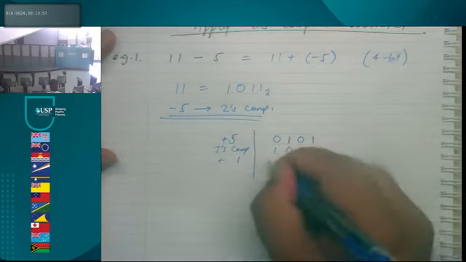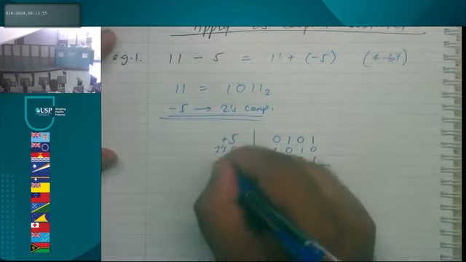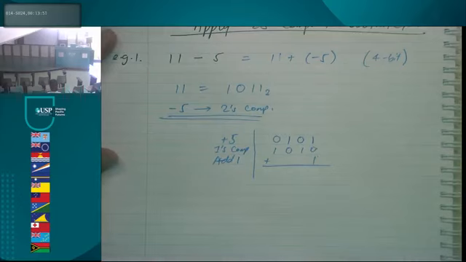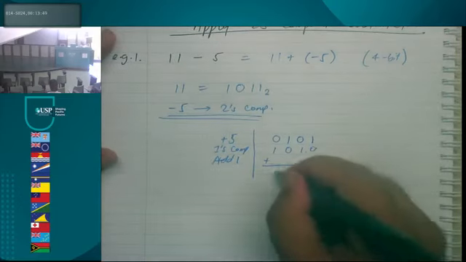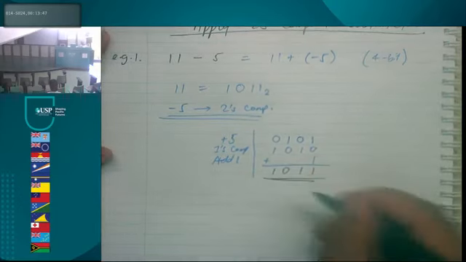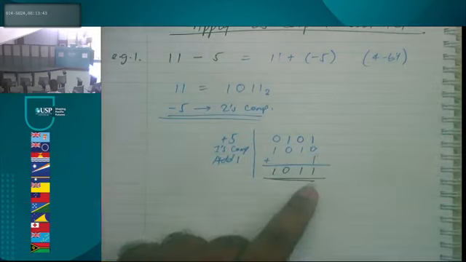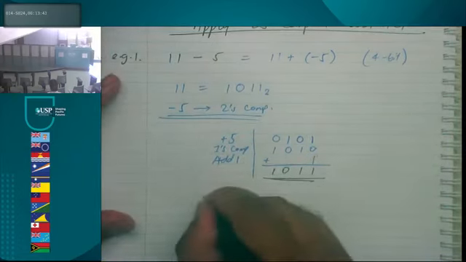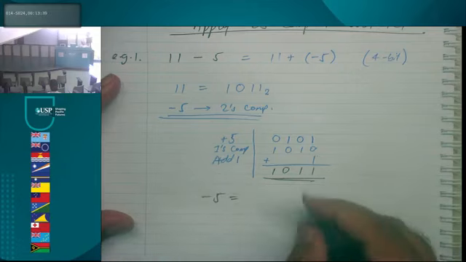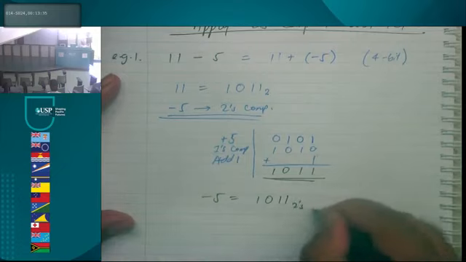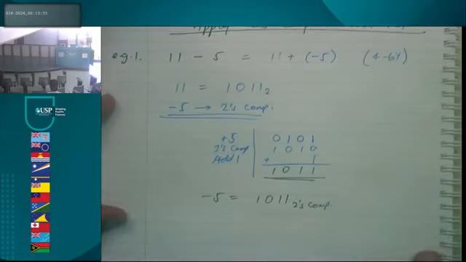We add 1. Zero plus 1 is 1, 1, 1, 0. Okay. So negative 5 is equal to 1011 in 2's complement.